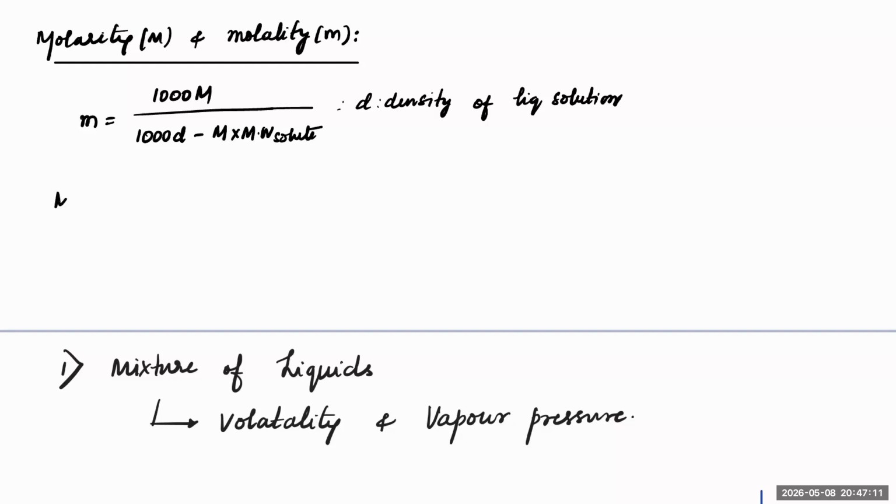Unit-wise, if you notice, molarity is always represented in mole per liter. Molality is represented as mole per kg. Percentage weight by volume is represented in grams per ml.